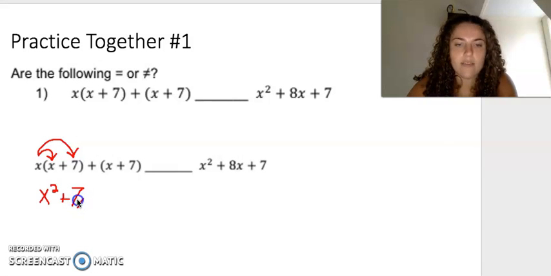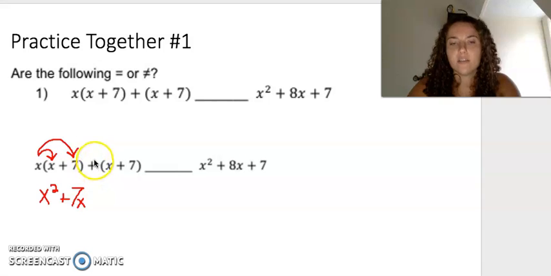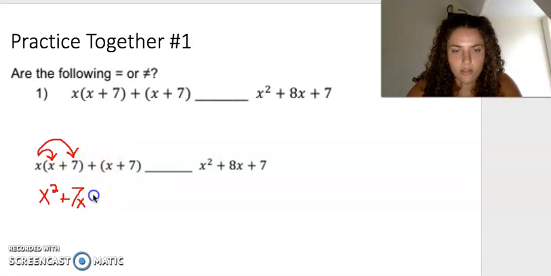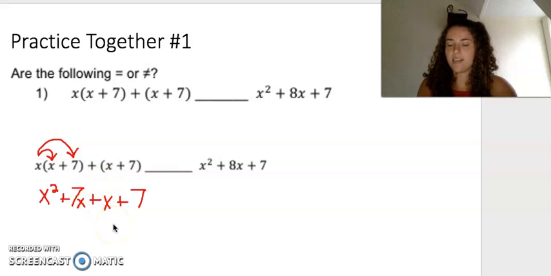And then we're left with, because this is combined, we're not going to distribute that x over here. There's an addition symbol to separate that. We're going to do plus x plus 7. So we can just get rid of that parentheses because we're adding here in order of operations. It doesn't matter what you do here, you're just going to be adding.